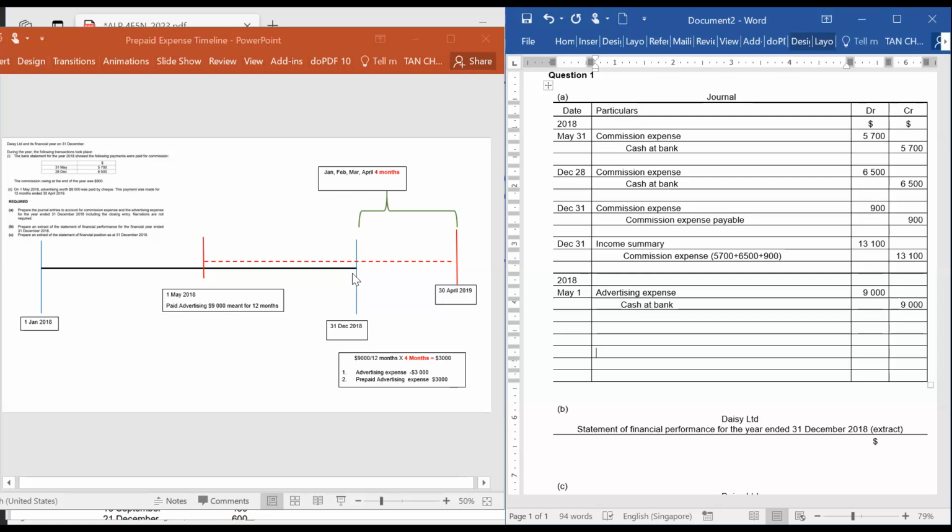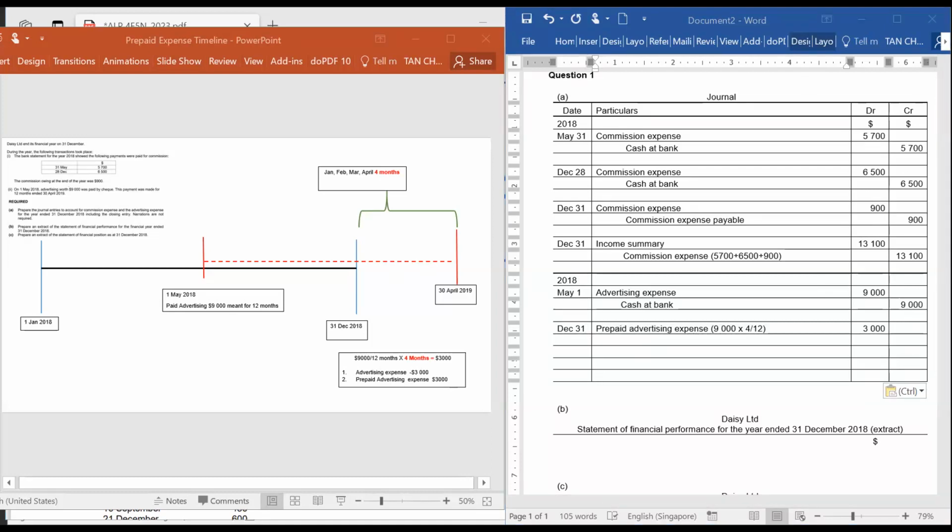We have already gone through that thinking process. On this day, we have calculated there are actually 4 months that belong to the next accounting period. So we are going to remove them on the last day, which is December 31st. So on December 31st, we will have a prepaid advertising expense, and prepaid advertising expense is an asset. So an asset will be created, you debit prepaid advertising expense.